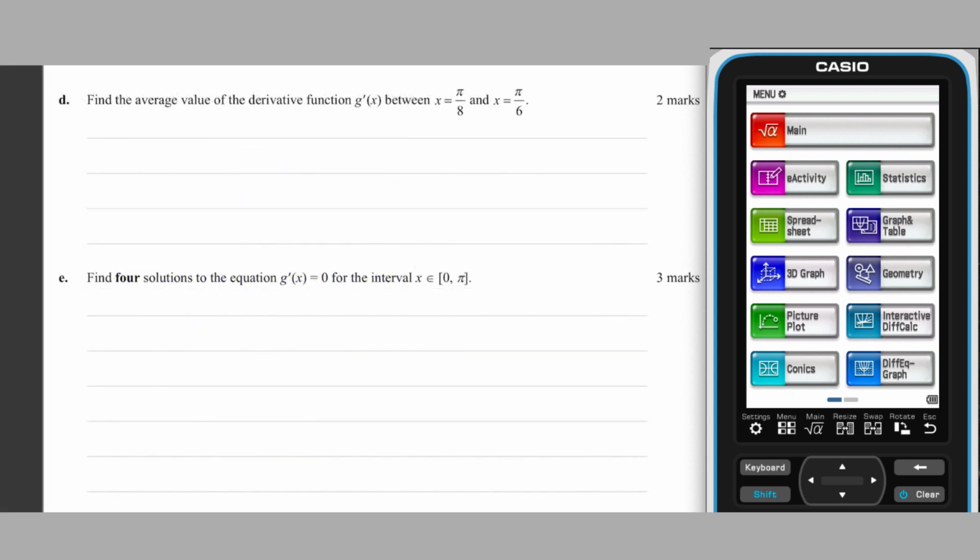Part D. Using the formula for the average value of a function, we need to calculate 1 over pi on 6 take pi on 8 times the integral from pi on 8 to pi on 6 of g-dash x dx. I'm going to simplify the coefficient using my ClassPad.